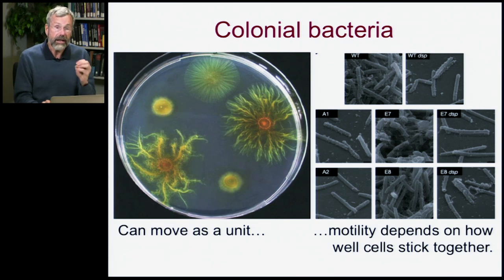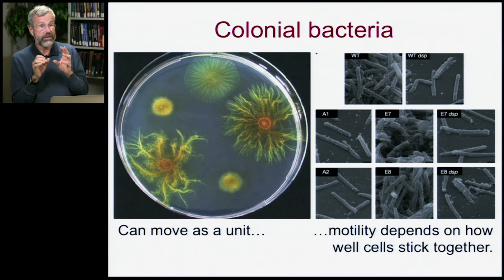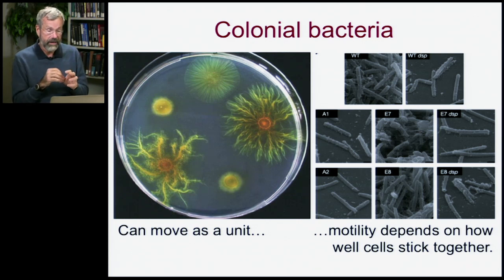And the key notion here is that it turns out multicellularity is not quite as difficult as one might imagine. That going from a single cell form to multicellularity really depends on how the surfaces of these cells stick together. And this is seen in these colonial bacteria.